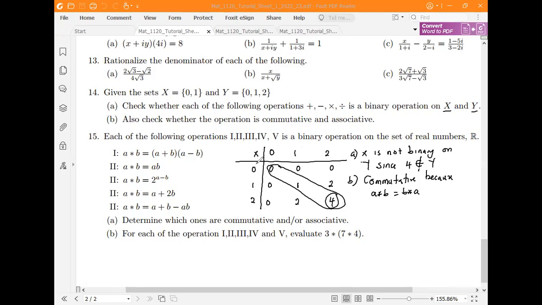So the fact that we have same numbers on top and down shows that if we do 0 star 1, the answer is the same as 1 star 0. If we do 2 star 1, the answer is the same as 1 star 2. If you do 0 star 2, the answer is the same as 2 star 0. And that's what commutativity means. And we are checking it using the lines here.